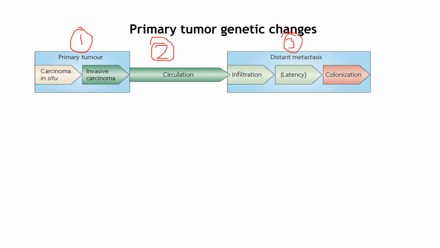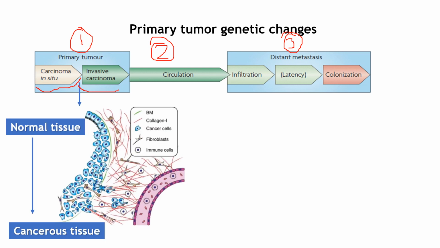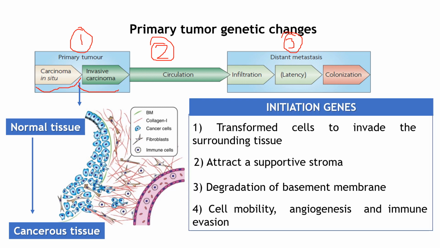So here, the carcinoma in situ is in the correct place, and then the carcinoma starts invading. So I showed you the different morphological changes that happen in an epithelium, the anatomical changes at the cell biology level. In addition to that, there are genetic changes that need to take place.